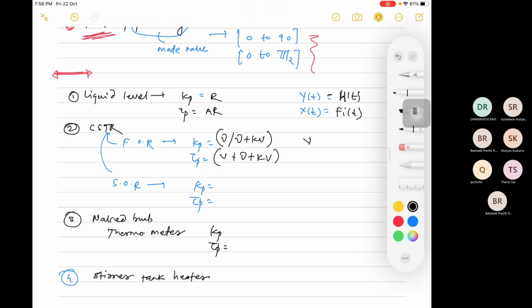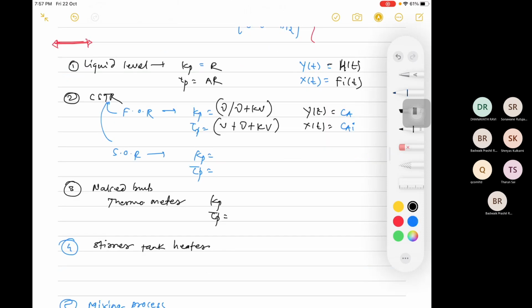Getting it? And what is your Y of T? Y of T is your Ca and X of T is your CAI.